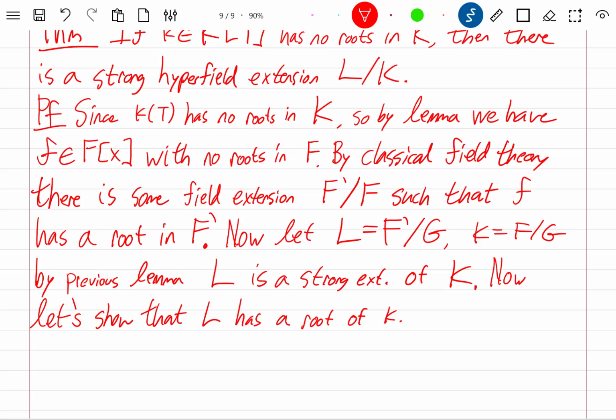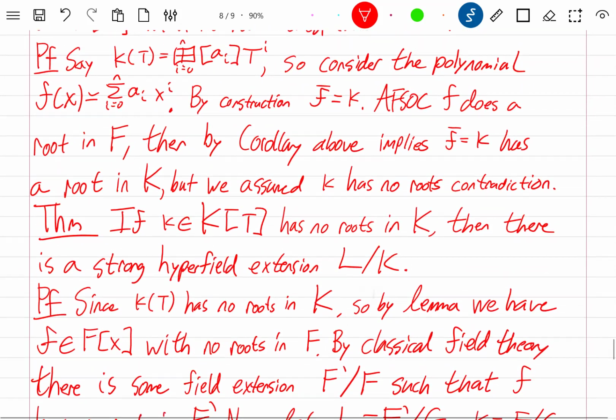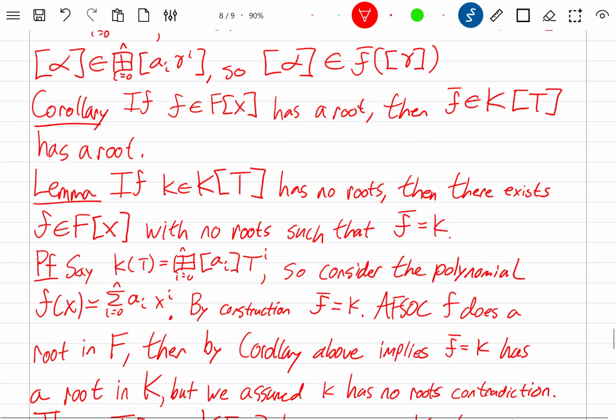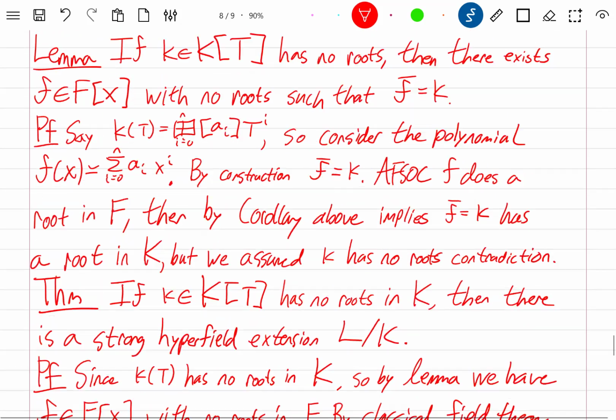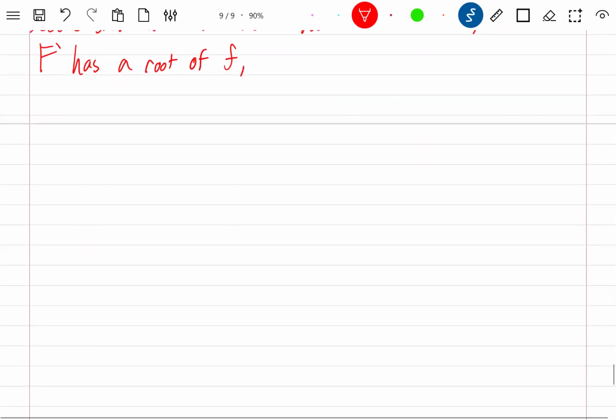Well, indeed. Since F prime has a root of little f, by this corollary here, if I have a polynomial that has a root over the field, then the induced polynomial in the hyperfield setting also has a root.